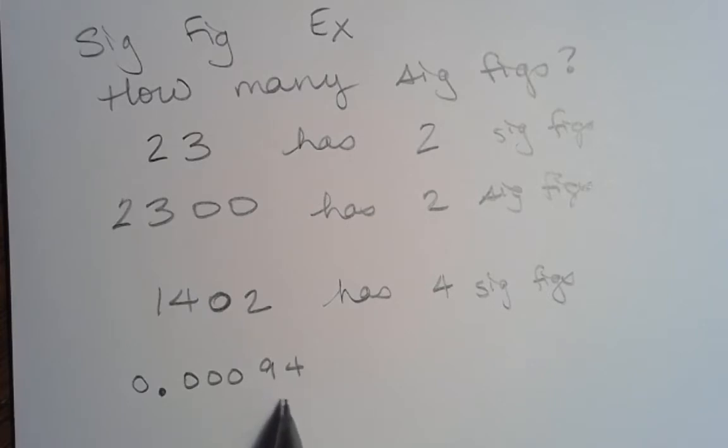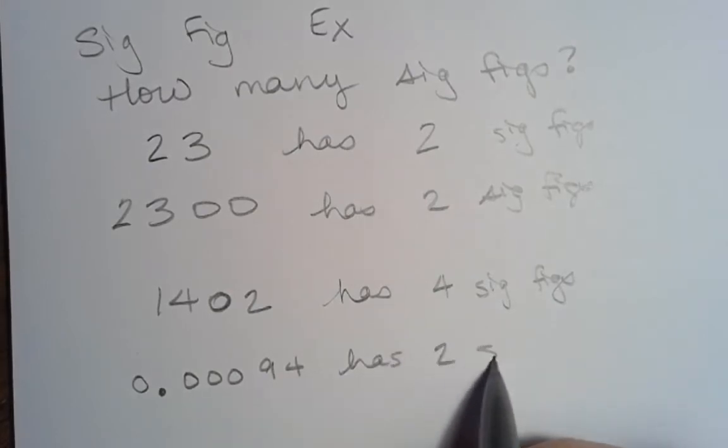They show us that this is a small thing. This would be different than if we wrote 94 or 9,400 or whatever. These zeros show us that this is a small measurement, but they don't give us any confidence about the actual measurement itself. This one has 2 sig figs.